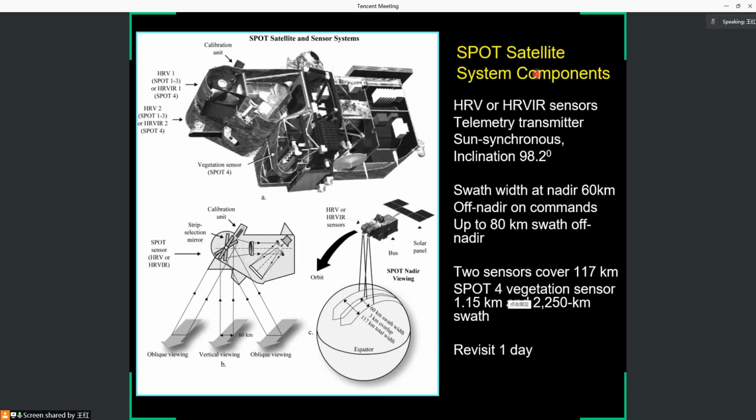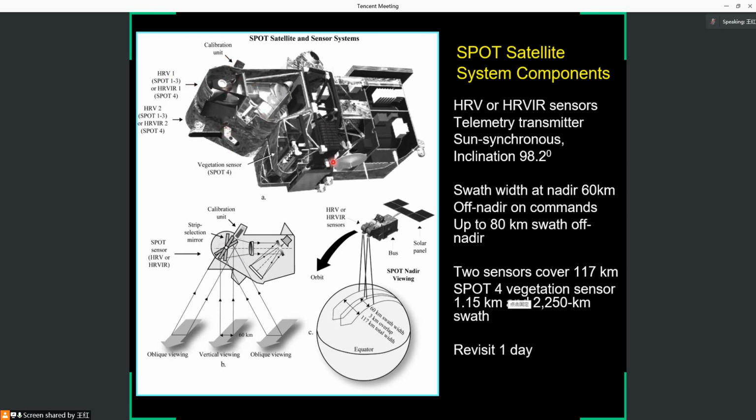This is the SPOT satellite system components. You see, this is the HRV, and this is for the head here.